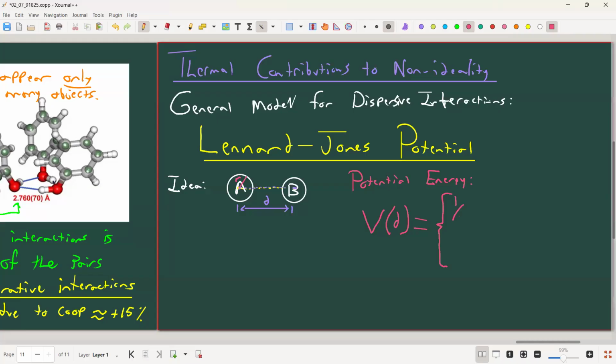It goes as 1 over d to the 6th if d is greater than r. So if the balls are far enough that they're not touching, it goes as 1 over d to the 6th. And then 1 over d to the 12th if d is less than r.